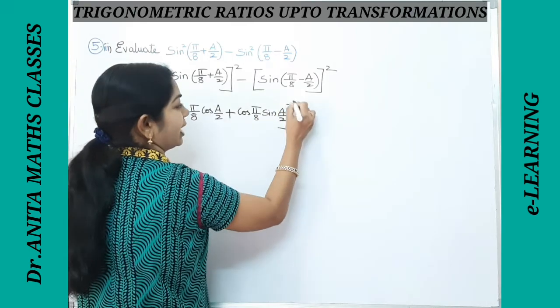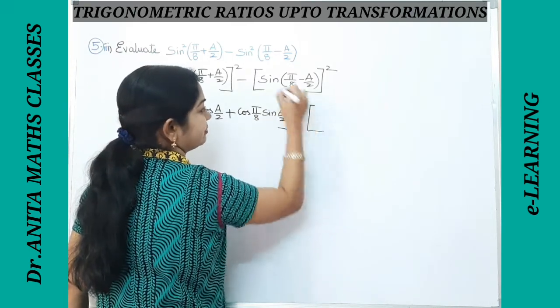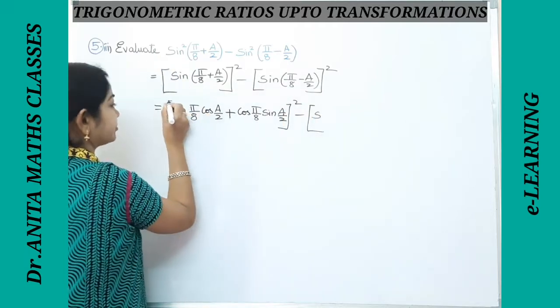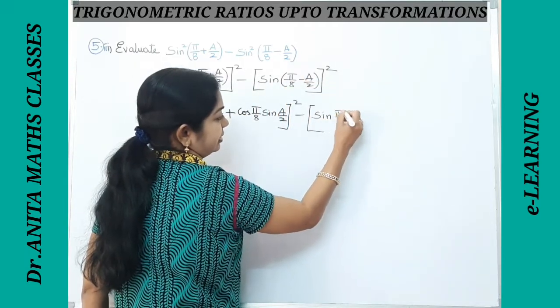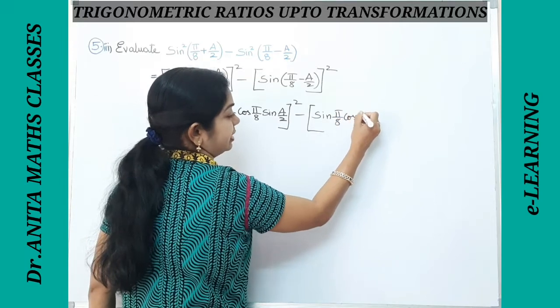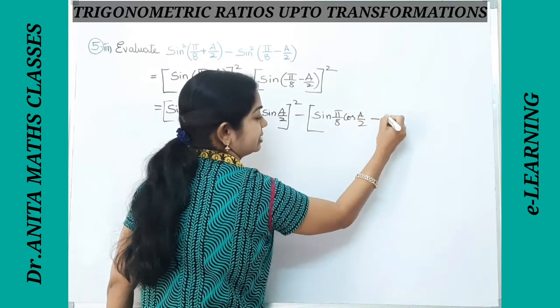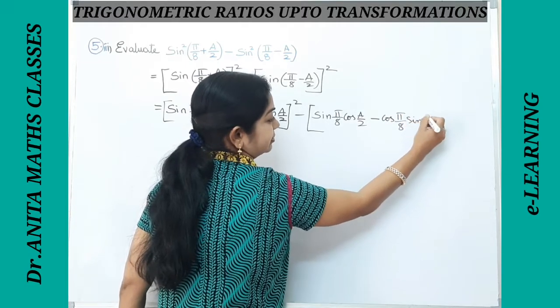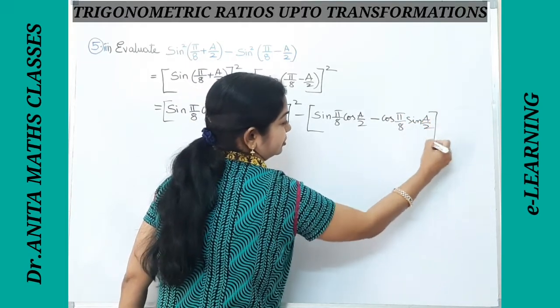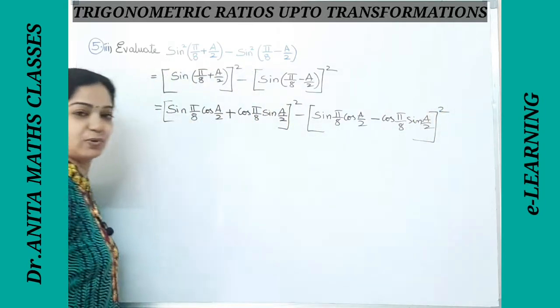Here whole square here, minus of. The similar way we will do it here. Sin a minus b. So sin a cos b minus cos a sin b here. So again we have square also.